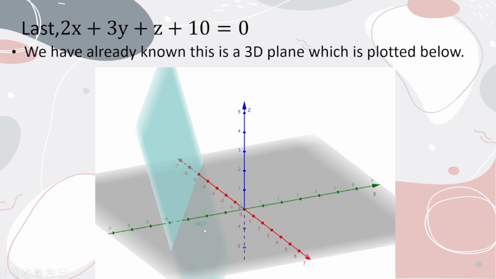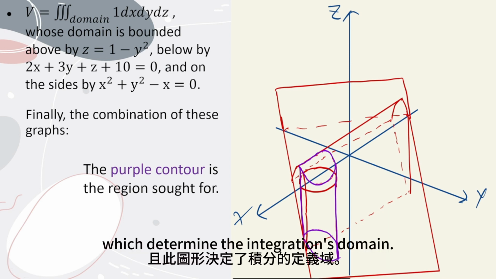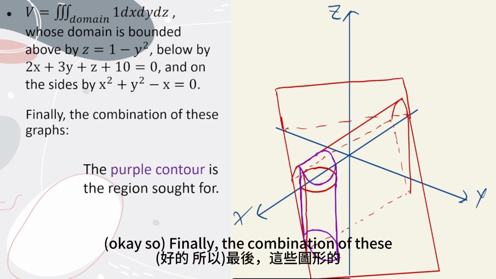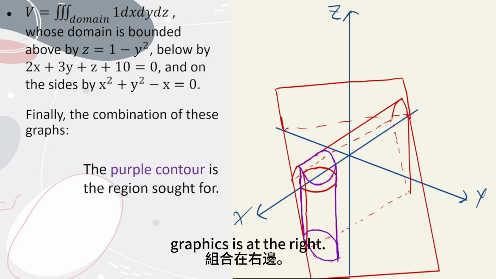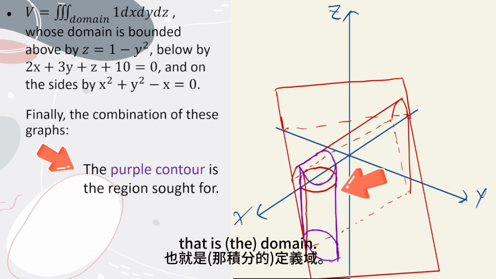Okay. Now we have done the graphs, which determine the integration's domain. So finally, the combination of these graphs is at the right. Okay, the purple contour is the region sought for, that is the domain.